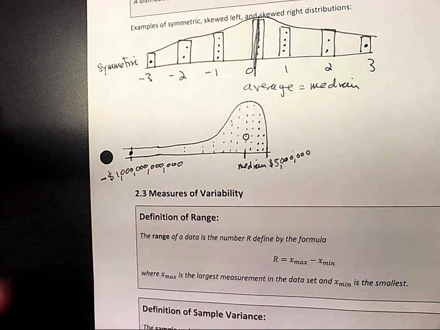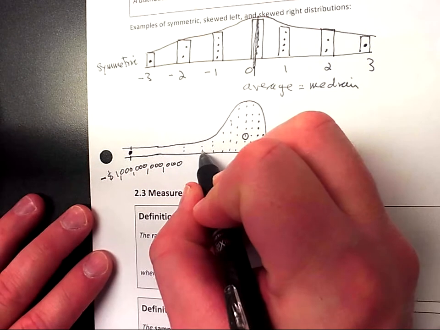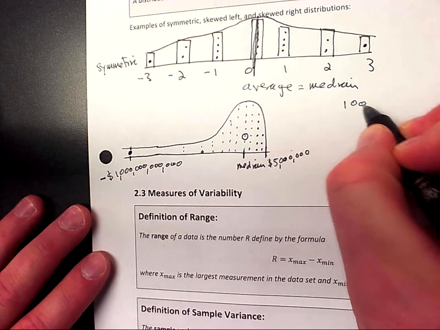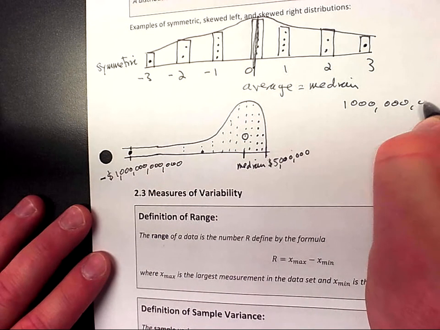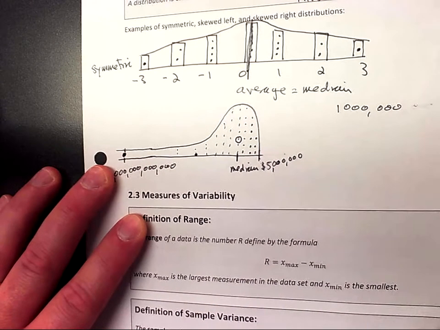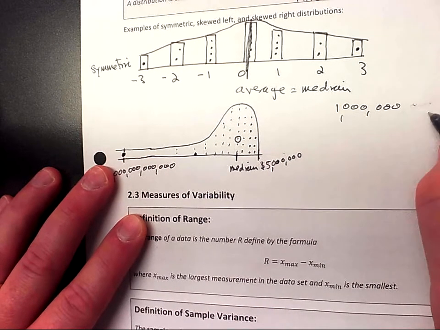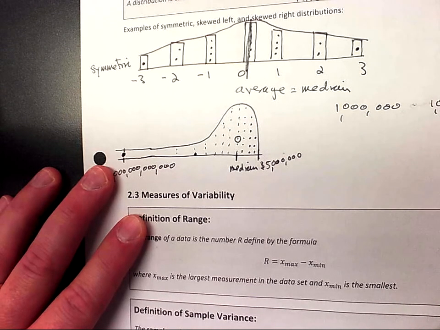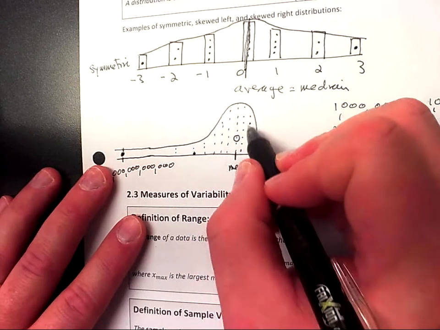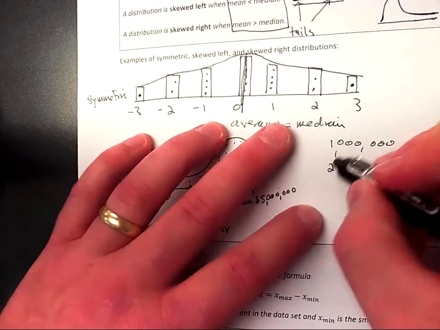Everybody gets the gist. If we wanted to list out the numbers in this data set, some of you are just down here, so some of you might only have $1 million in your bank account. Right, we might have $1 million, then the next person might also have $1 million. You guys get the gist? Then the next person might have $2 million, and then we're going to have a whole bunch of people in here.